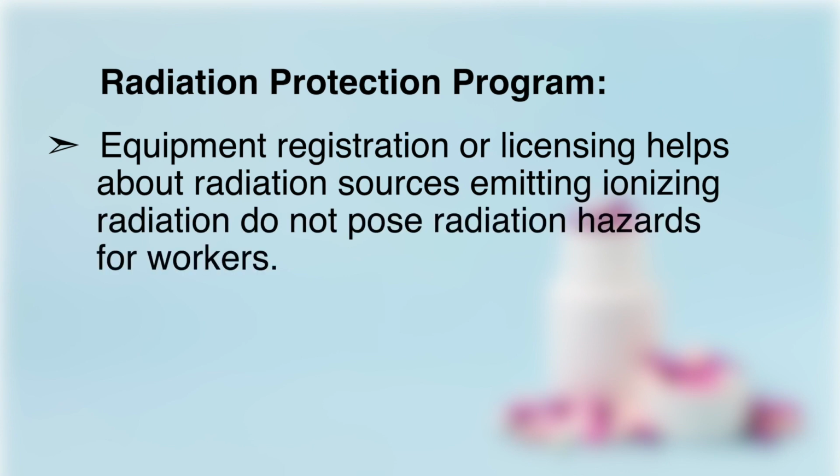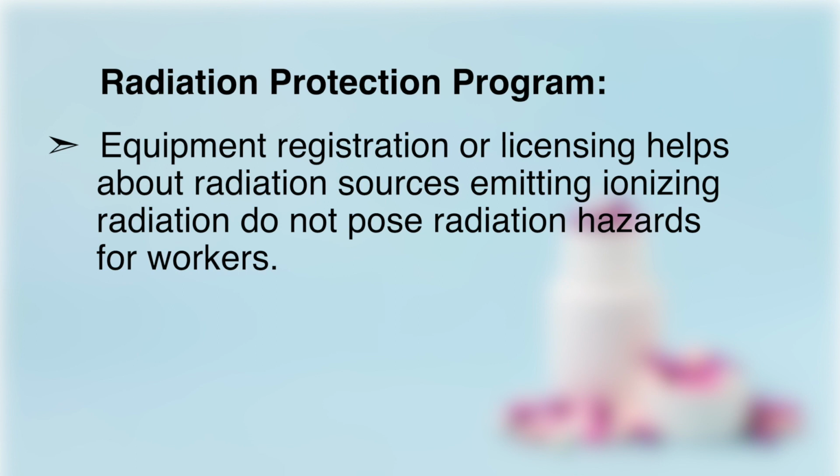So the equipment registration or licensing helps to ensure that radiation sources, especially those emitting ionizing radiation, do not pose radiation hazards for the workers as well as the general public who are associated with them.